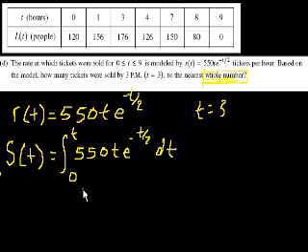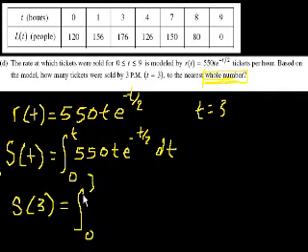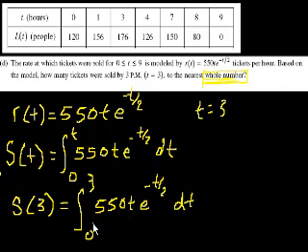And so if we want to know how many tickets were sold at time equals 3, that's just equal to the definite integral from 0 to 3, or we could also view it as the area under this curve from time equals 0 to time equals 3 of 550 t e to the minus t over 2 dt.